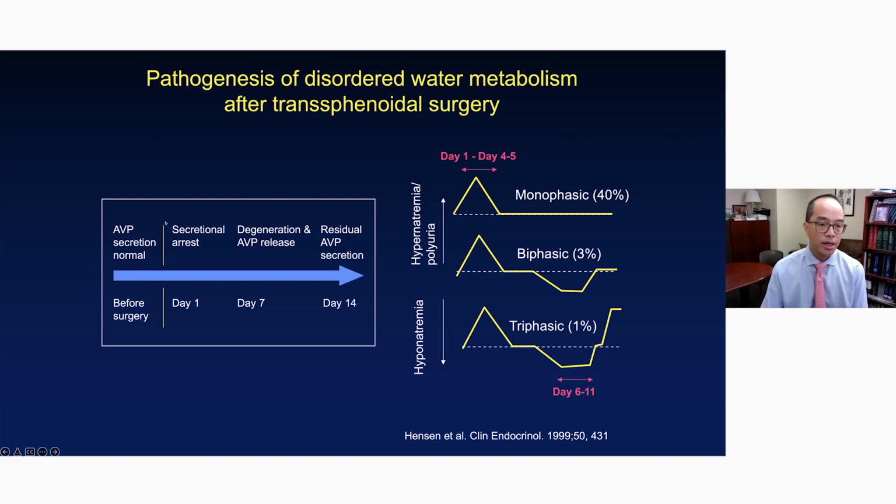Immediately after surgery, from day 1 onwards, is an acute secretional arrest. The stalk of the pituitary stops releasing vasopressin, and this leads to hyponatremia and polyuria. And that's what's shown over here in this first phase.